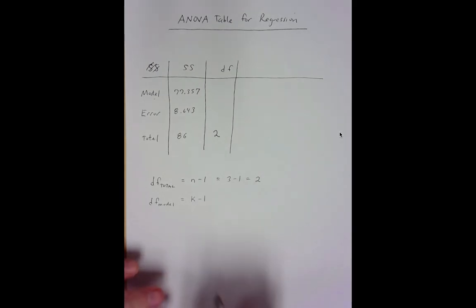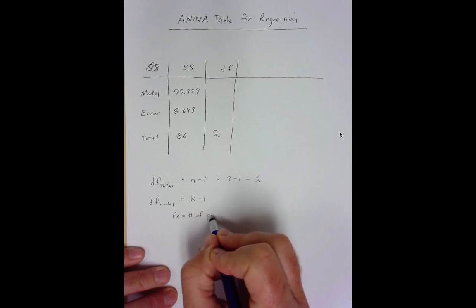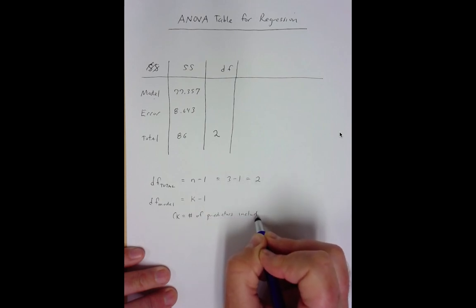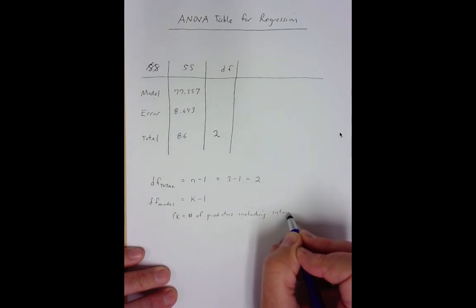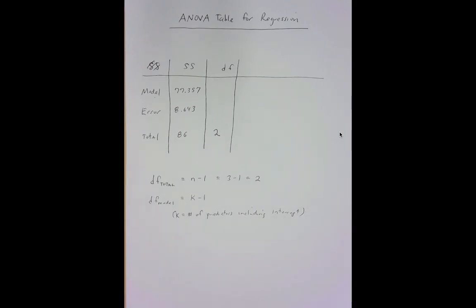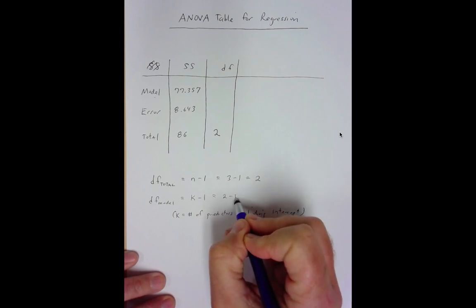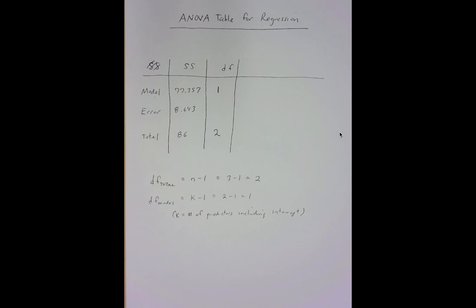So let's let K be the number of predictors including the intercept. Well, we've only got one predictor, right? X plus our intercept is 2, so we have 2 total predictors. So we have degrees of freedom 1.